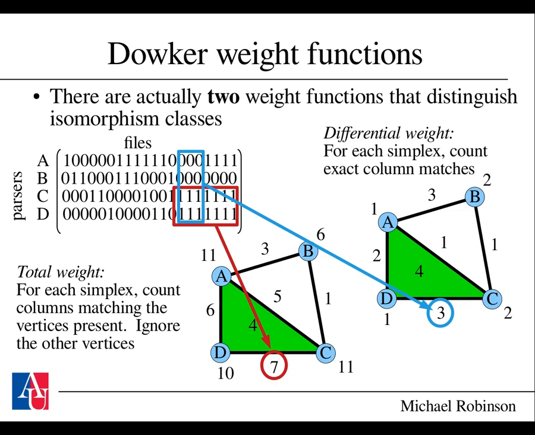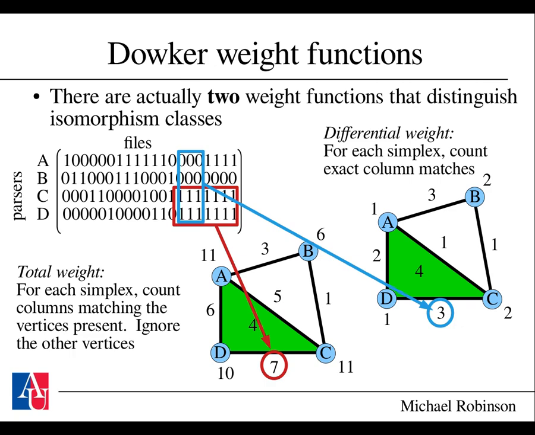But you could also ask for how many times that particular simplex occurred, ignoring the other vertices. So for instance, the CD edge occurs 7 times in this relation, but exactly CD alone and not AB only occurs 3 times. So you get different numerical values.